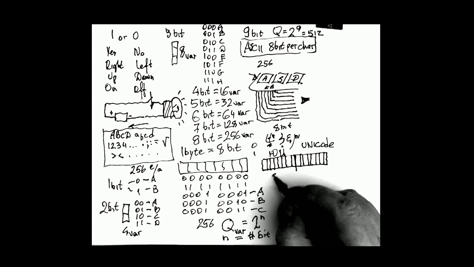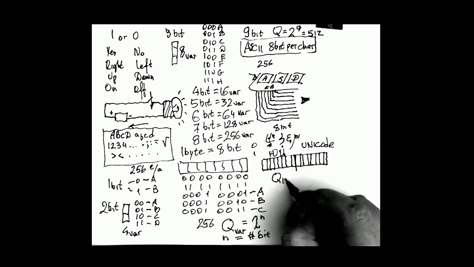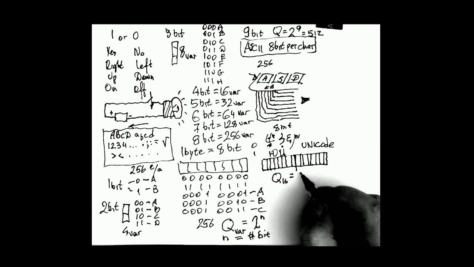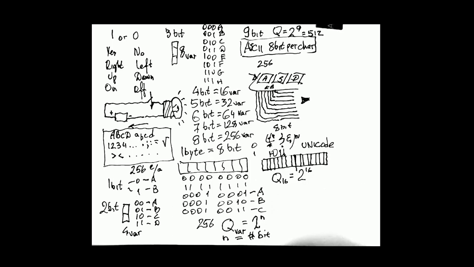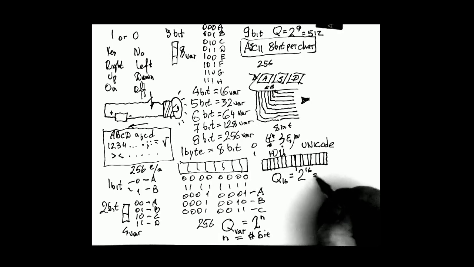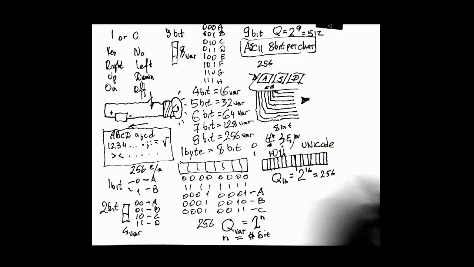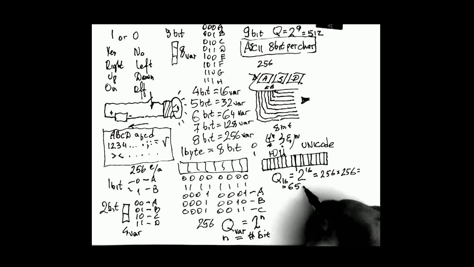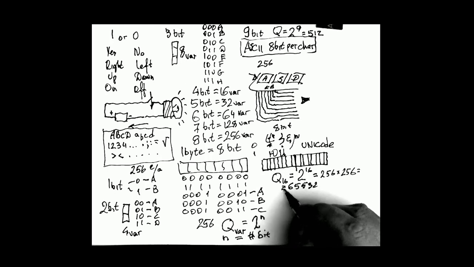So let's calculate Q for 16-bit. That will be 2 in the power of 16. If you take a calculator, you will see that it is 256 multiplied by 256. That will be 65,536.